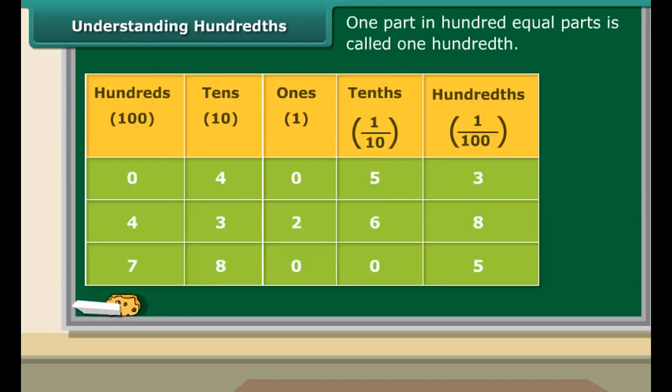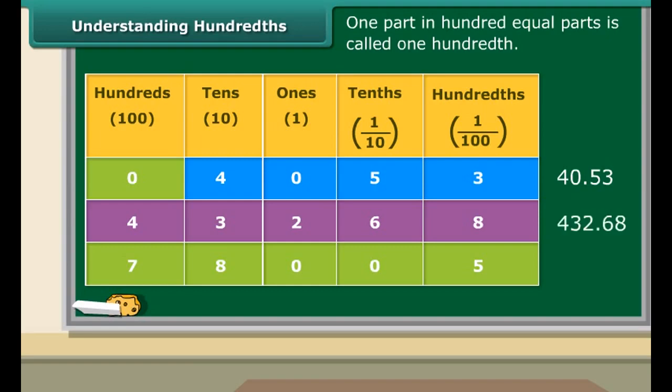Now concentrate on the table and let us read decimals from it. Look at the first row. 40 plus 5/10ths plus 3 hundredths will make 40.53. Now focus on the second row. 4 hundreds plus 3 tens plus 2 ones plus 6/10ths and 8 hundredths will make 432.68.